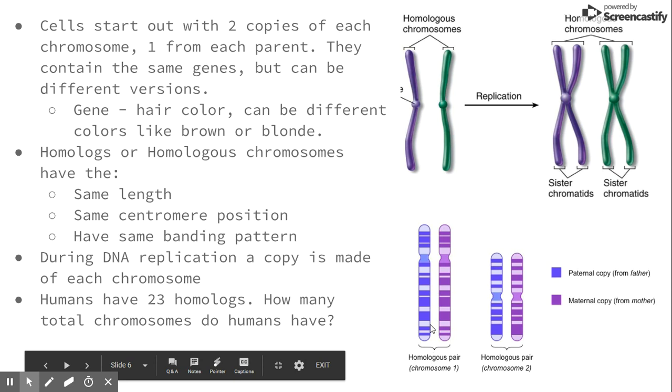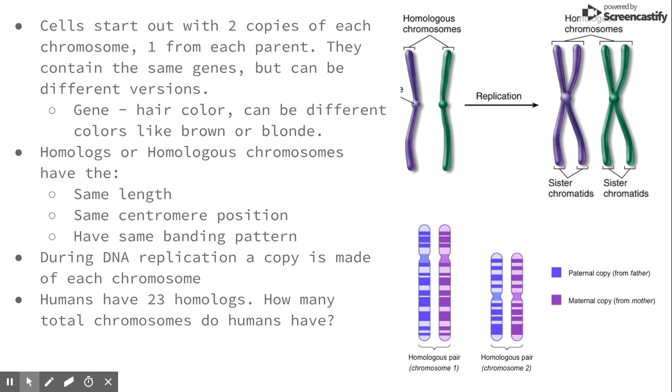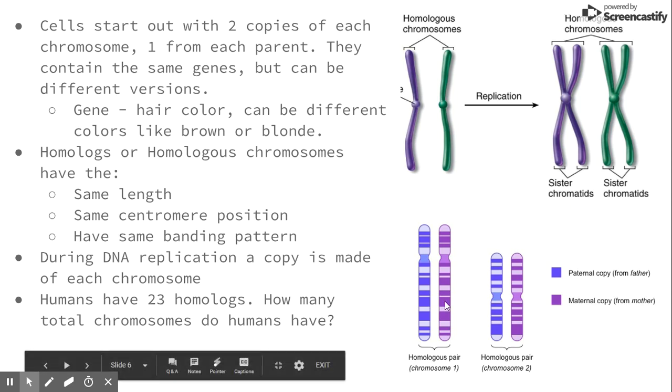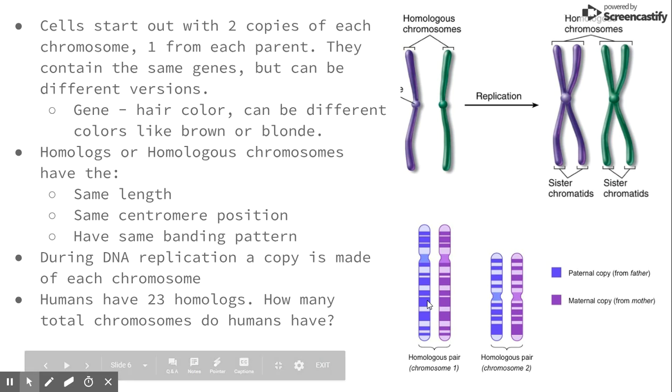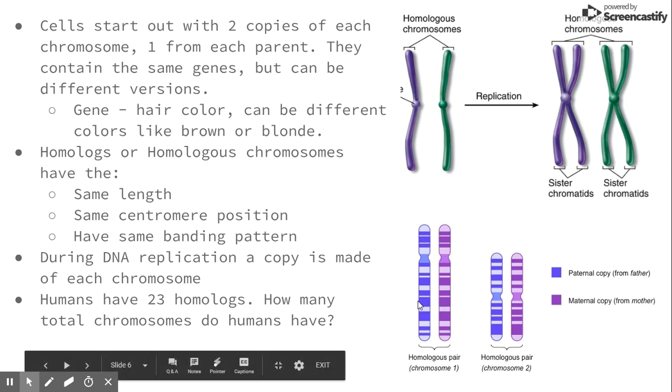And a band, that stripe that you see here, is really just a gene that has been colored differently. So we can isolate a gene by coloring it, and that's how we get these striped patterns. That stripe can be about hair color or eye color, but they should be in the same place on the chromosome.